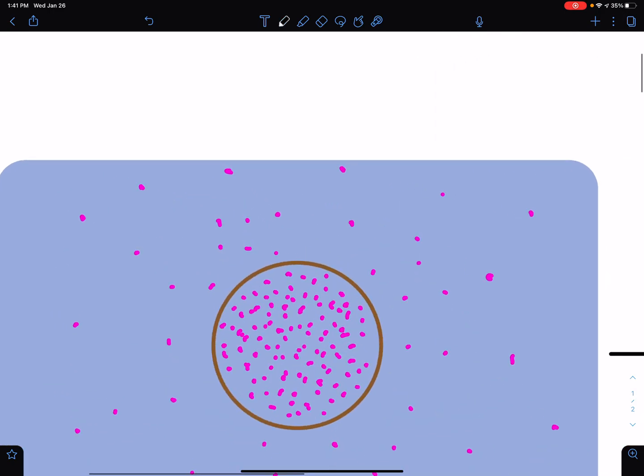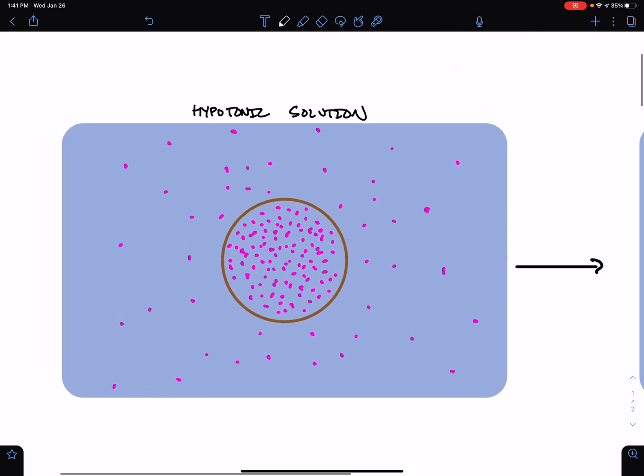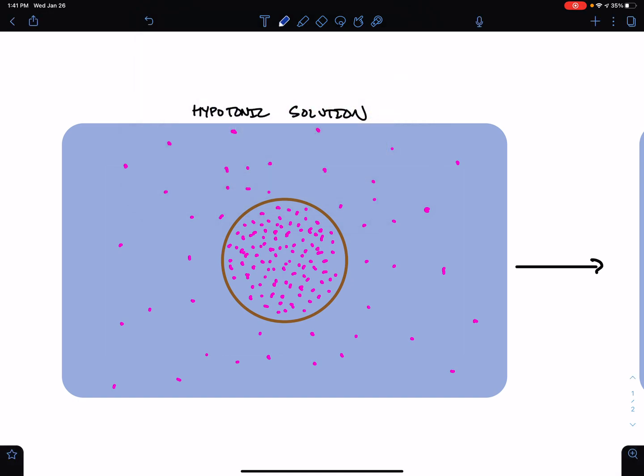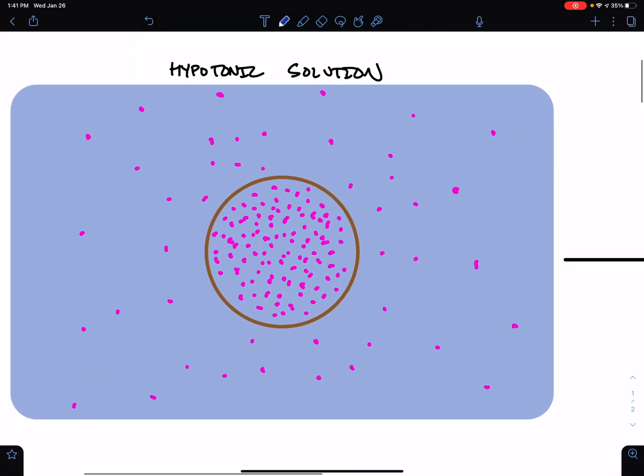This is called a hypotonic solution. When a cell is immersed in a hypotonic solution, remember, ions cannot cross through the semi-permeable membrane, only water can. So water is going to rush into the cell, and the cell is going to get bigger.